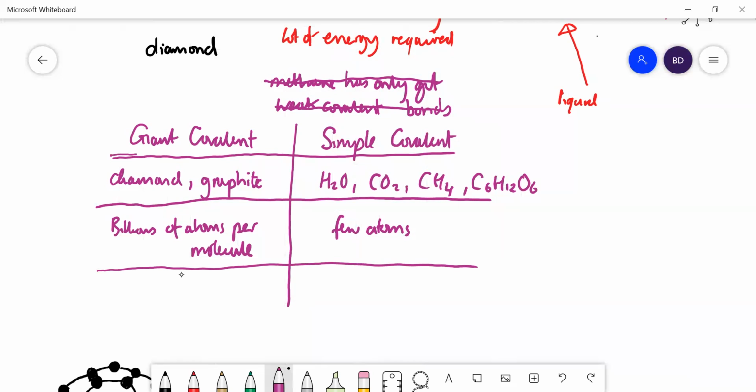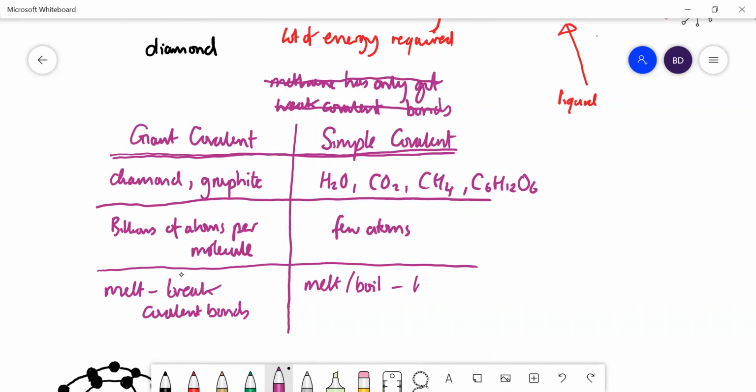Right, if you want to melt giant covalent, you need to break covalent bonds. And that requires a lot of energy, so it has a very high melting point. If you want to melt or boil simple covalent, you don't have to break any covalent bonds.